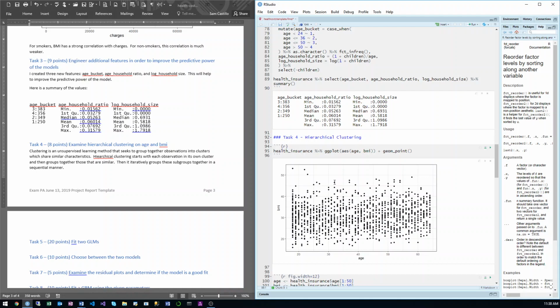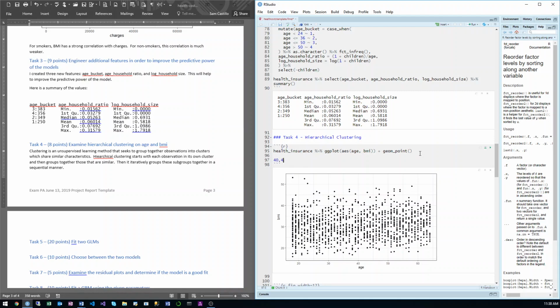So this point right here is at about BMI equals 40, age equals 40. So point 1 is 40, 40.